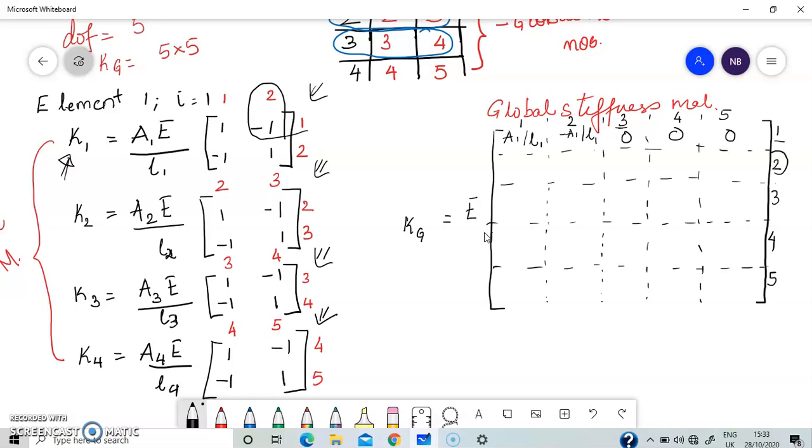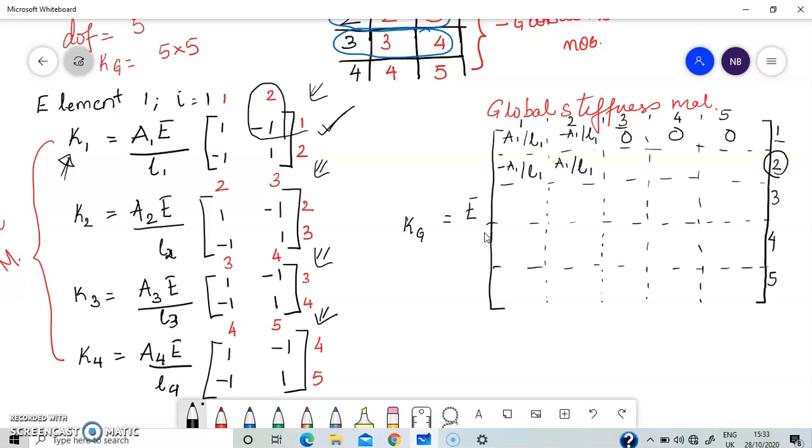Next, moving on to row 2. Row 2 and column 1 is minus A1 upon L1. Row 2, column 2 is plus A1 upon L1. Okay, so we are done with this matrix. We move on to this matrix.